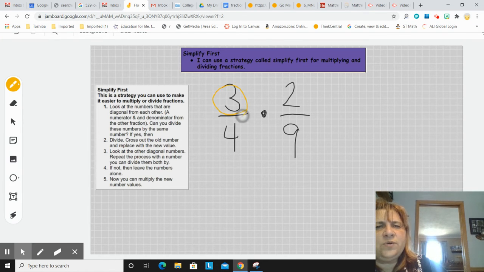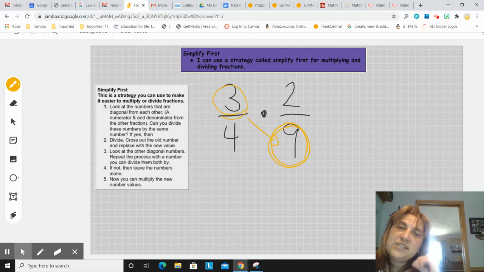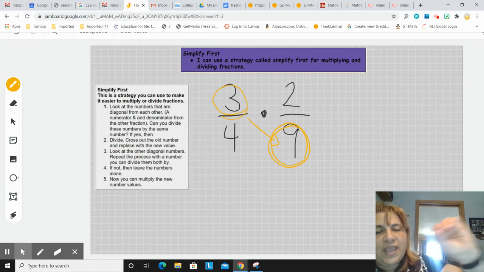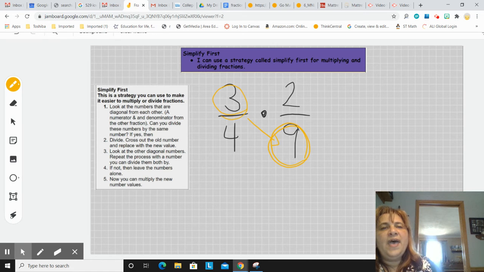Let me circle it so you know what I'm talking about. And then diagonally, I have a 9. Is there any number that I can divide both 3 and 9 by that will simplify these down? If the answer is yes, then we're going to go on to step number 2.